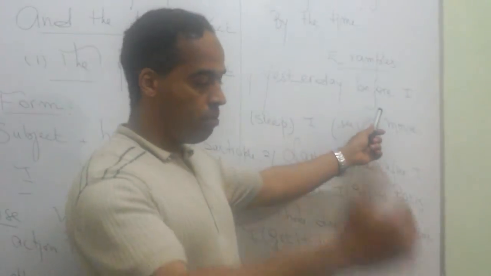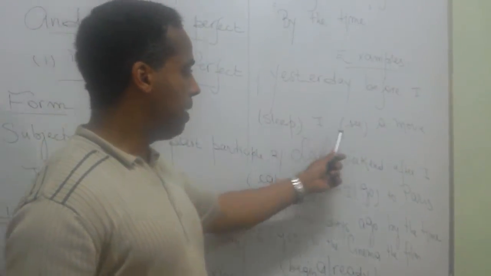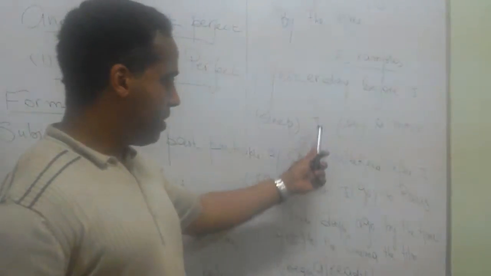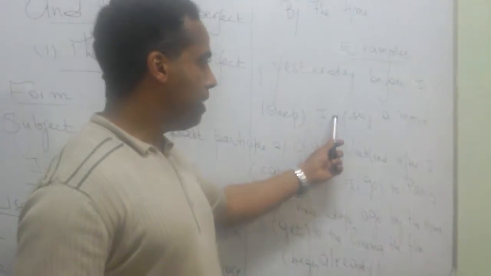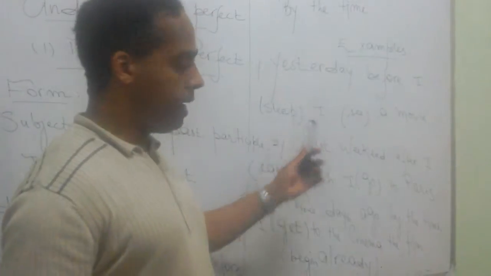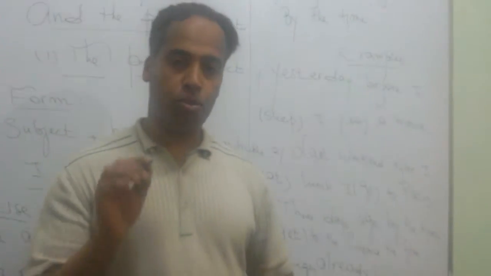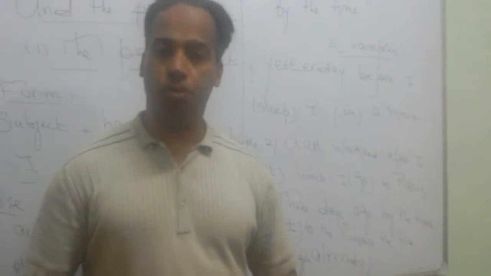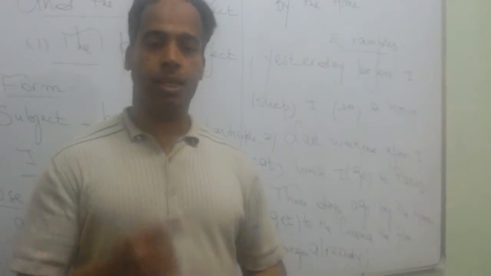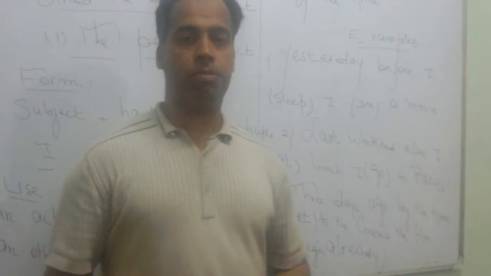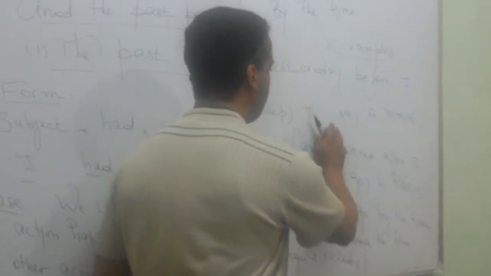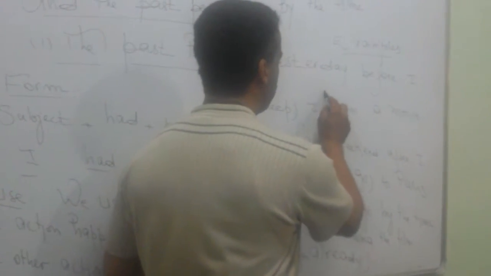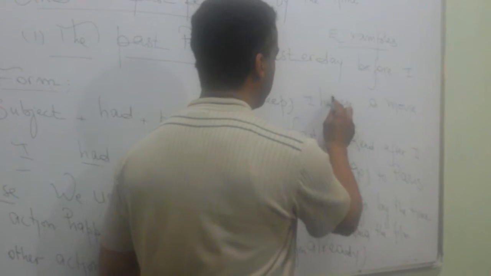So, yesterday, before I sleep, I see. The action that happened first is seeing a movie, before I slept. So I'm going to conjugate the verb to see into the past perfect, because simply this is the action which happened first. So what is the past perfect of see?